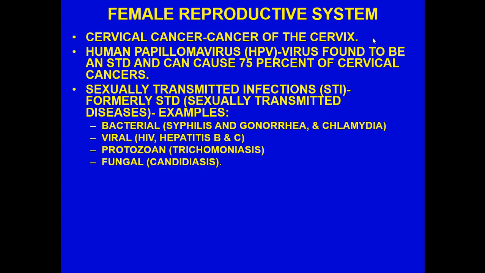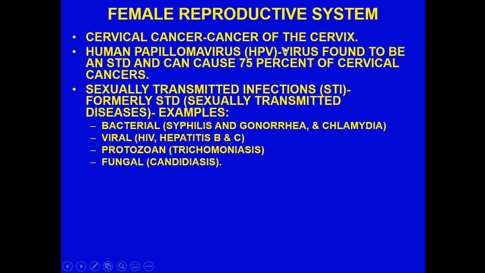The protozoal one is trichomoniasis, an actual protozoal parasite. And then we have the fungal types. One of them is candidiasis, certain Candida that will get in and proliferate, particularly in the vaginal area. Some of these, unfortunately, will render a woman sterile.